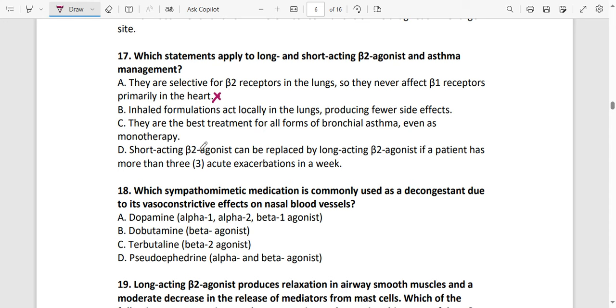Let's go to D. Short acting beta 2 agonists can be replaced by long acting beta 2 agonists if a patient has more than three acute exacerbations in a week. Is that true?